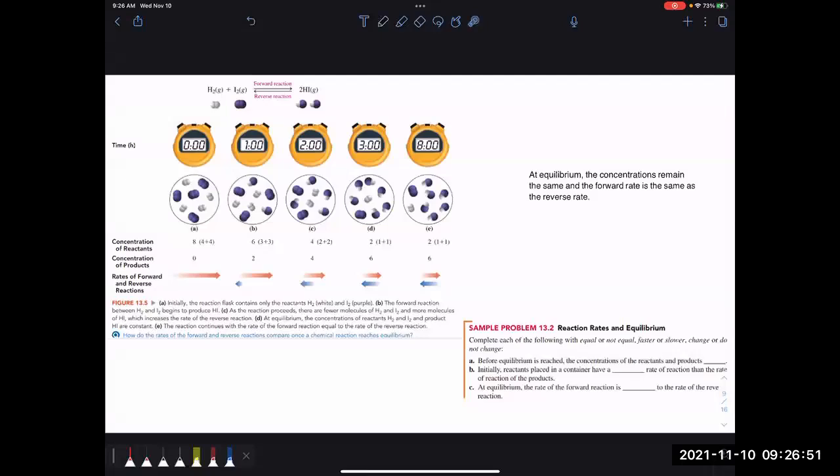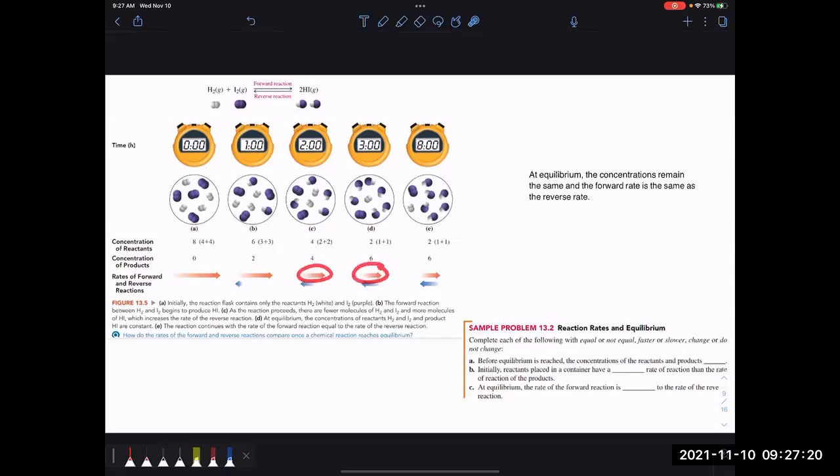So this is just an example to visualize this, right? Here, on this first one, we've got hydrogen and iodine. We have only hydrogen and iodine molecules. So our forward reaction is happening very quickly. But as we progress forward in time, now we have some products, and there's a chance that those will undergo the reverse reaction and become reactants again.